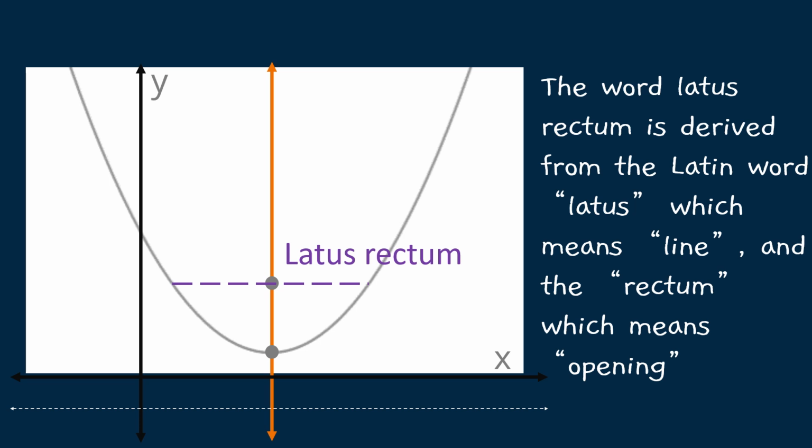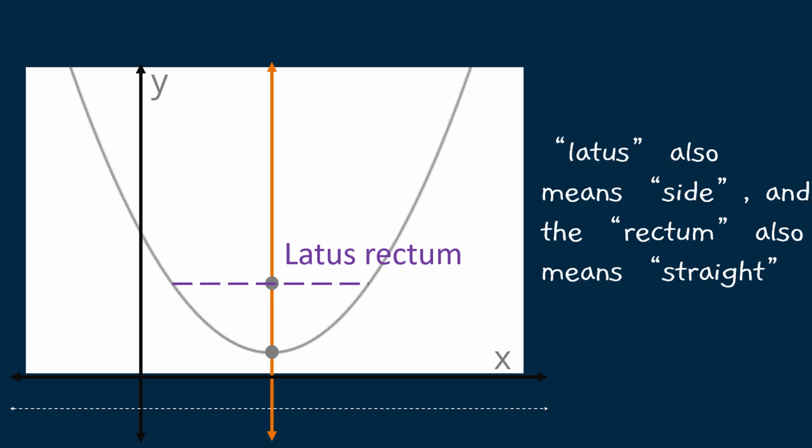So it is a line opening, just as I've mentioned to you, that it dictates how wide or narrow your parabola is. It is also defined as latus meaning side and rectum meaning straight. So straight side or straight line. Just like we have on the diagram, it is a line passing through your focus.